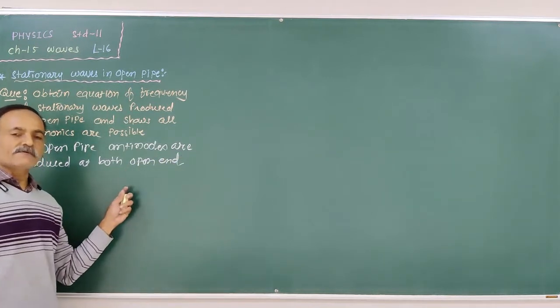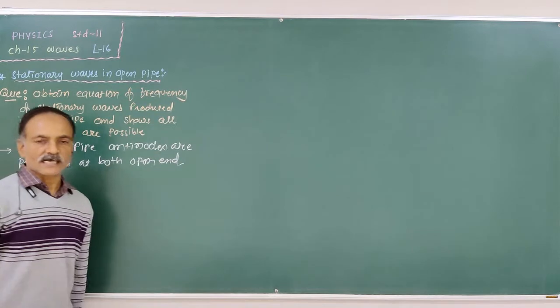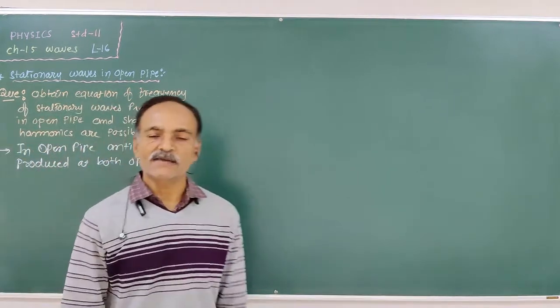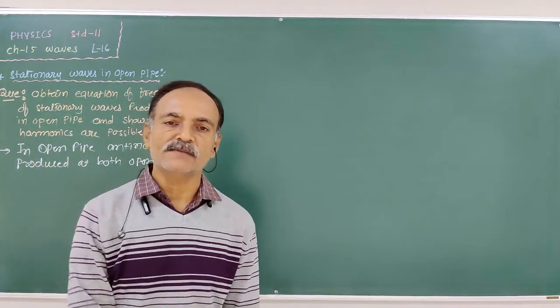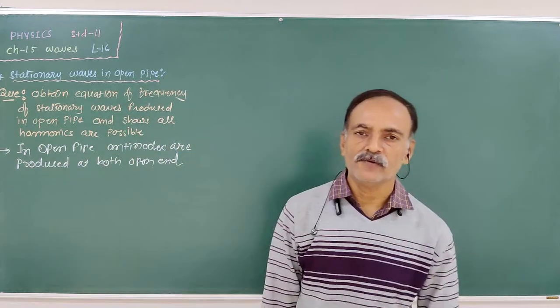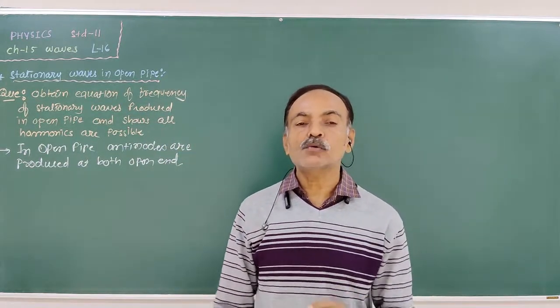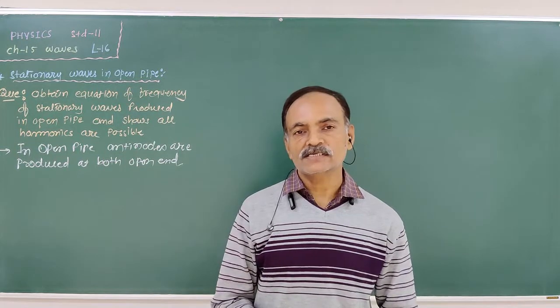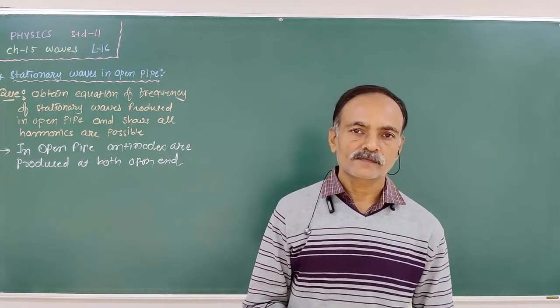The consecutive antinodes are produced at distances lambda by 2, lambda, 3 lambda by 2, because already we discussed in stationary waves that the distance between two consecutive antinodes is lambda by 2.